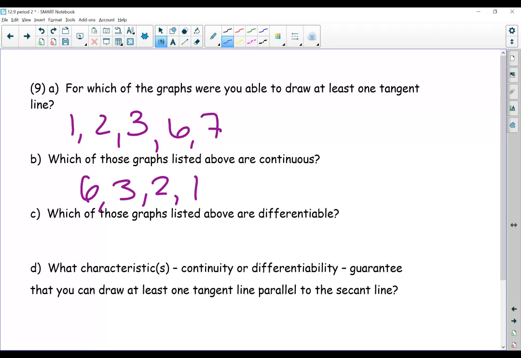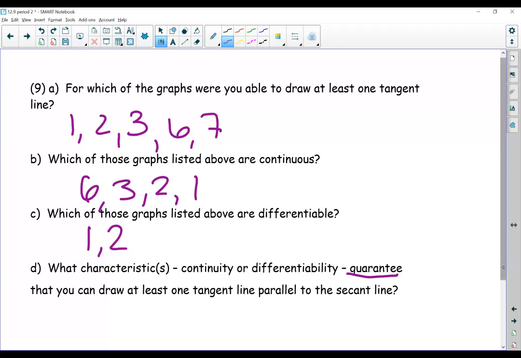Which of those graphs were differentiable the whole time? Ooh, well, that's just graphs 1 and 2. So which characteristic, continuity or differentiability, guarantees that I can draw at least one tangent line? Let me look at the ones I couldn't: 4, 5, and 8. Graph 4 is discontinuous, 5 is continuous but not differentiable, and 8 is discontinuous.